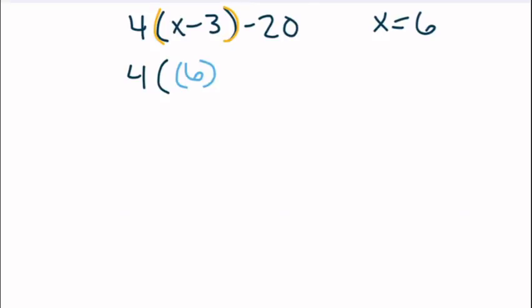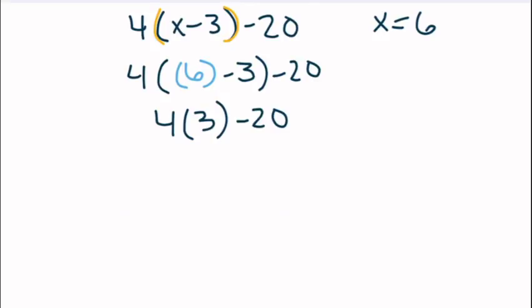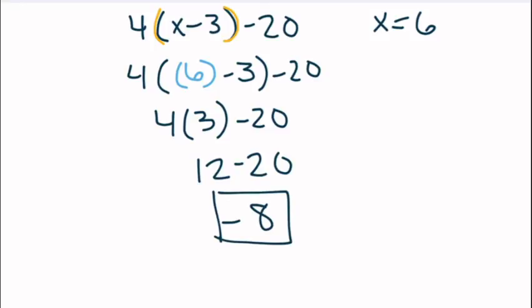And then we do the parentheses, which is 6 minus 3, and that's simply just 3. And then we do 4 times 3 first because it comes over subtraction. So 4 times 3 is 12. And then minus 20 is negative 8. So our final answer is negative 8.